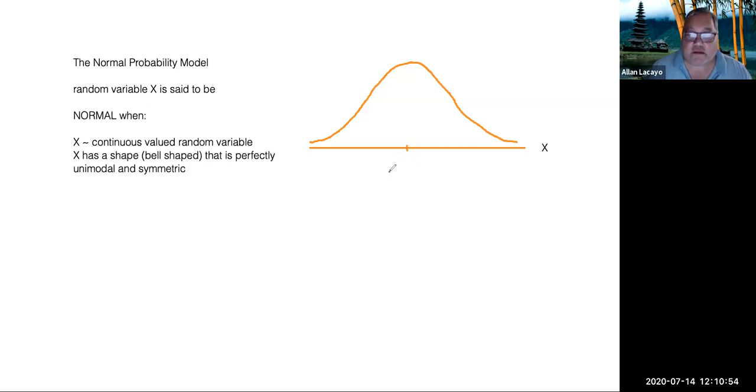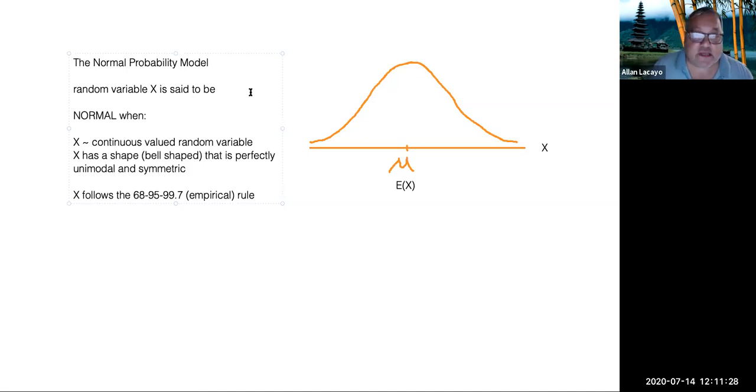And the mean, this is the Greek letter mu here, the mean is the expected value of x. And then a very important characteristic of normals is that x follows the 68, 95, 99.7 rule, also known as the empirical rule.